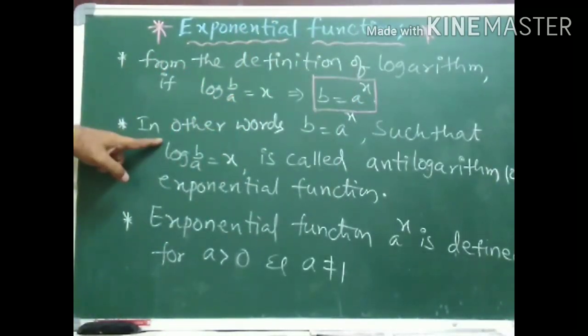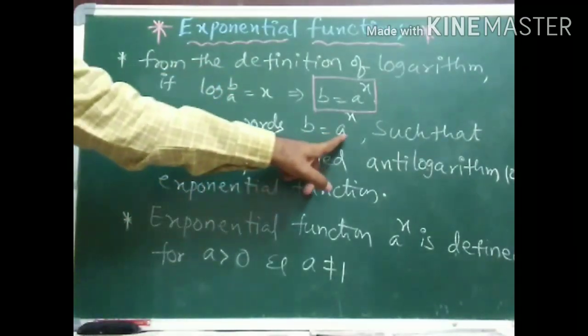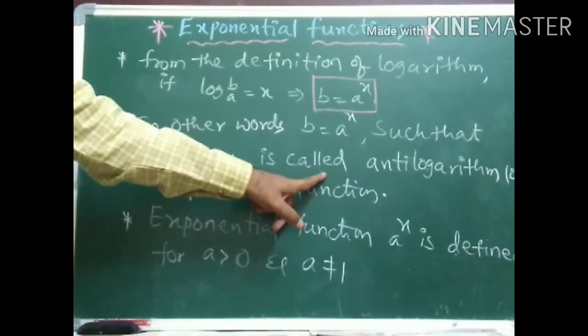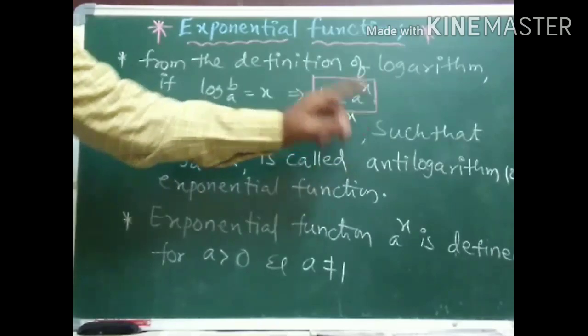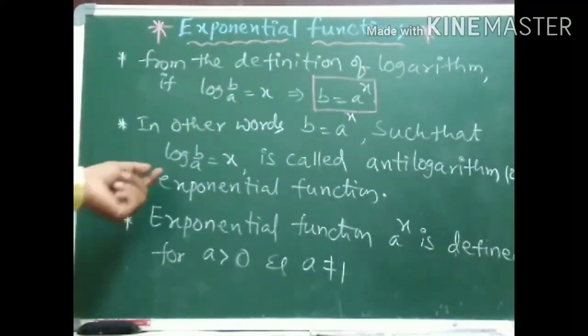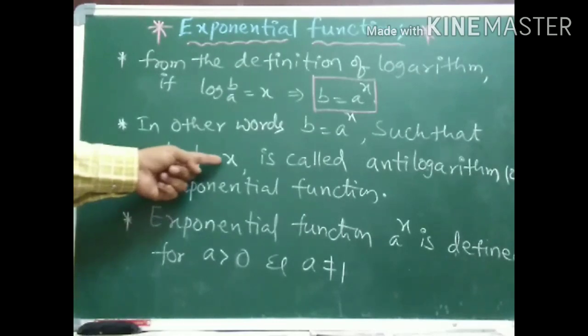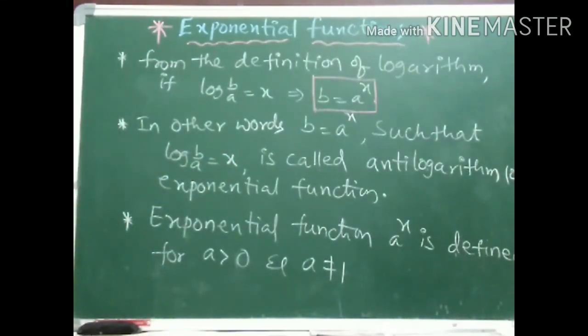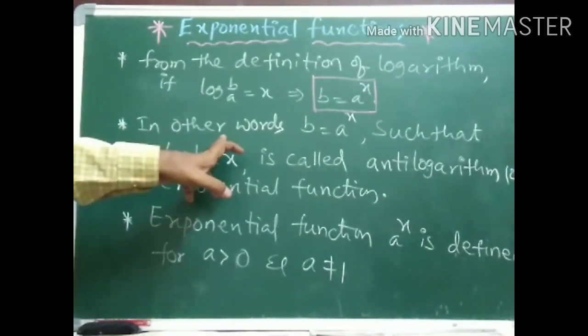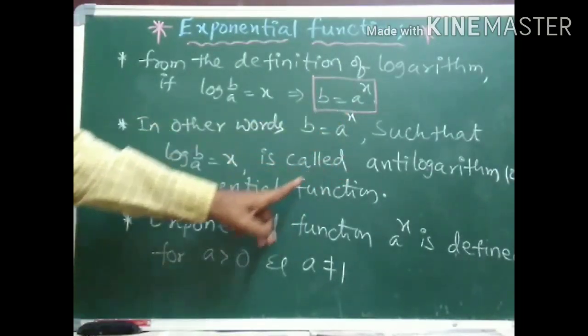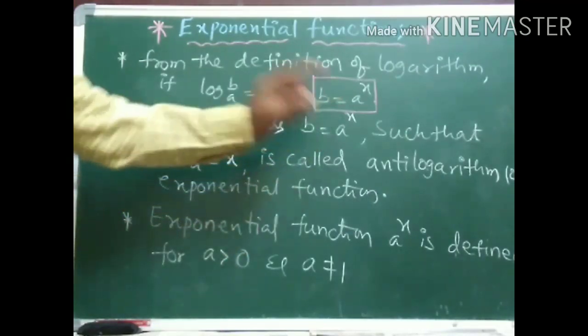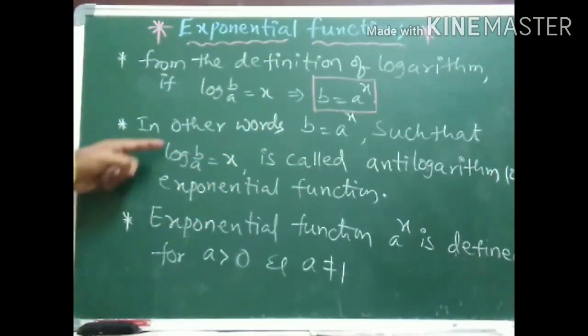In other words, b is equal to a power x is called anti-logarithm, if not exponential function, if it satisfies the condition such that log b to the base a is equal to x. Right? So let us see once again. In other words, b is equal to a power x is called an exponential function such that x is equal to log b to the base a, right?